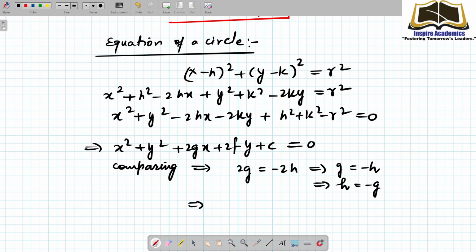Also we get 2f equal to minus 2k, which means k is equal to negative f.